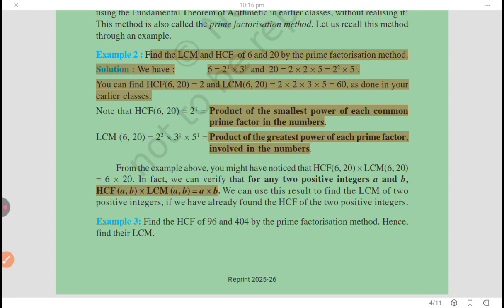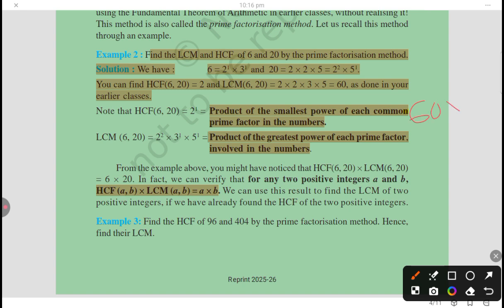See here, 60 multiply HCF 2, you get 120. And the numbers are 20 multiplied by 6, you'll get 120. So when there are two positive integers a and b, their LCM should multiply with HCF to give a times b.